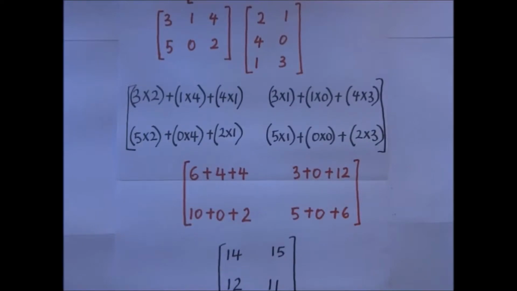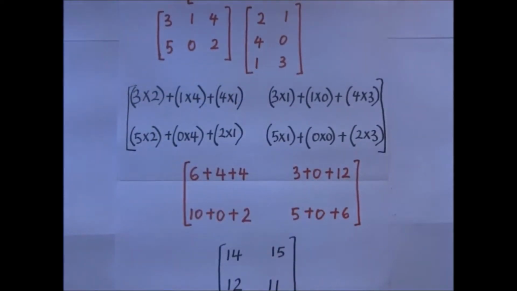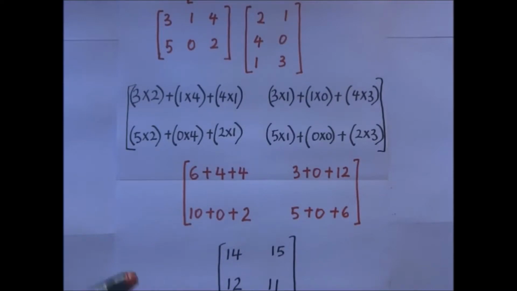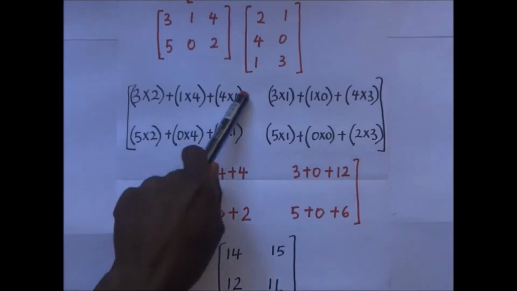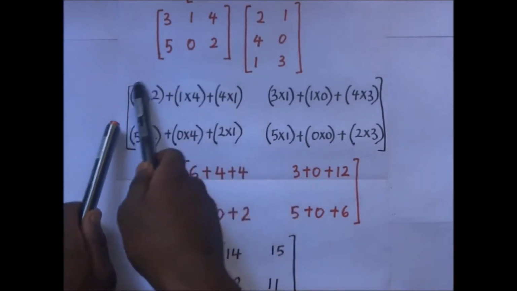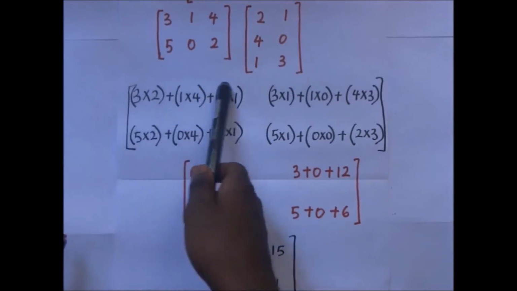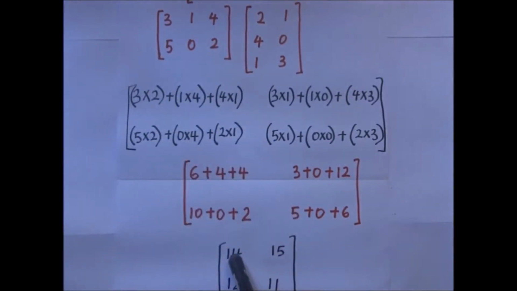Looking at this example, we are required to multiply this matrix by that matrix. Using our earlier illustration, we are supposed to multiply a row by a column, and in this case we shall follow through this working closely. If you look at this first step, this figure is what is giving us this answer.